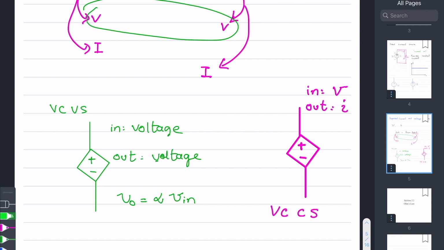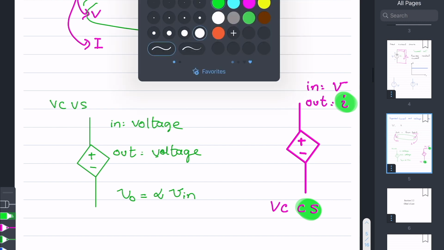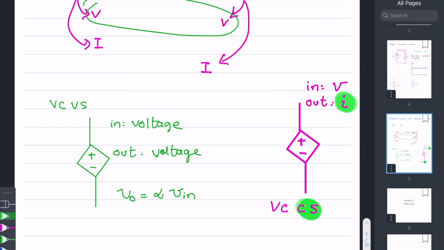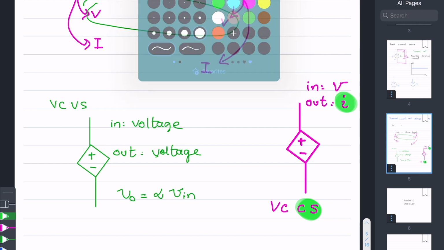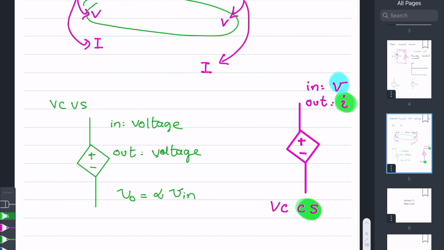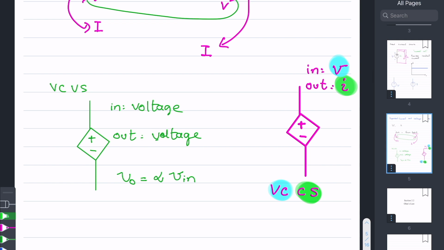Your output current is what makes it a current source, and your input is a voltage. That's what makes it a voltage controlled device. Your input is the controlling variable and output is the current source.